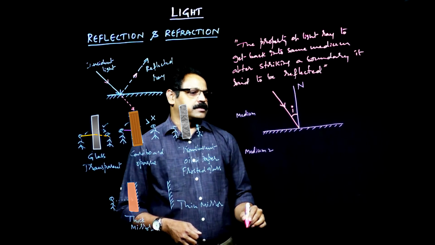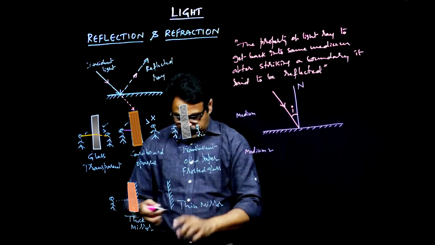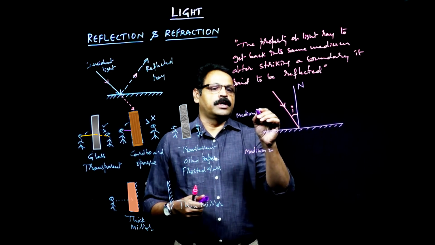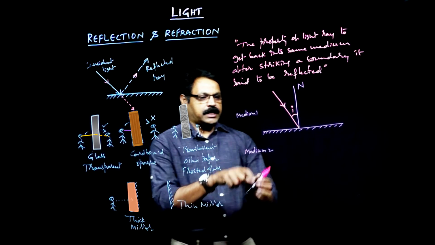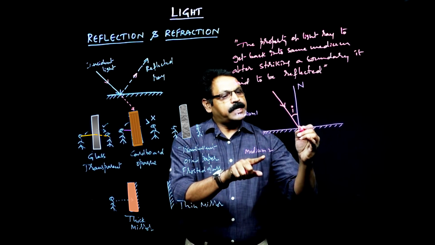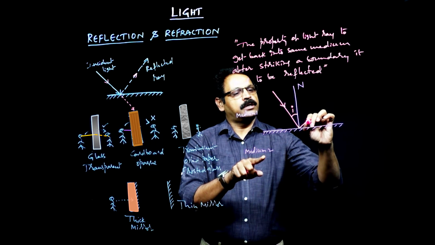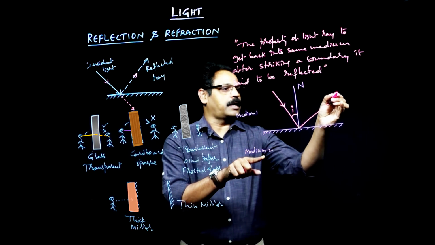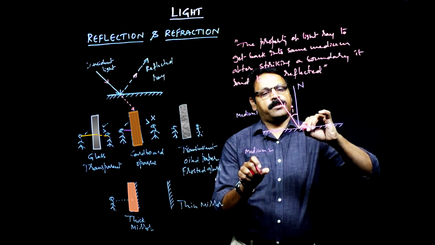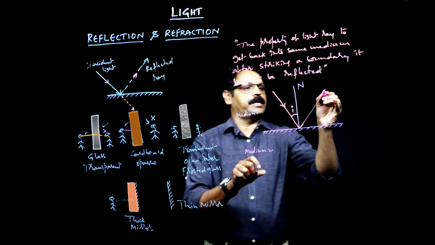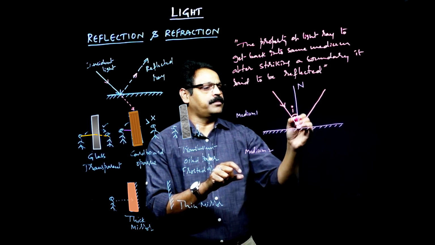Then when it strikes the boundary, here it is medium 1 and this is medium 2, it is coming from medium 1 and medium 2 is obstructing this. Since it's a reflecting surface, the glass sends this ray back into the same medium. The reflected ray will have the same angle and gets back into the same medium.